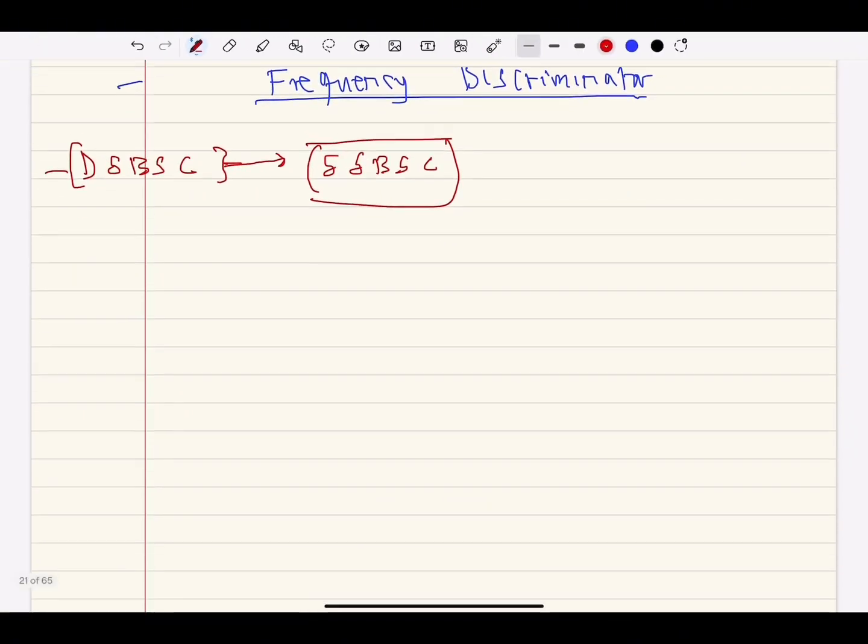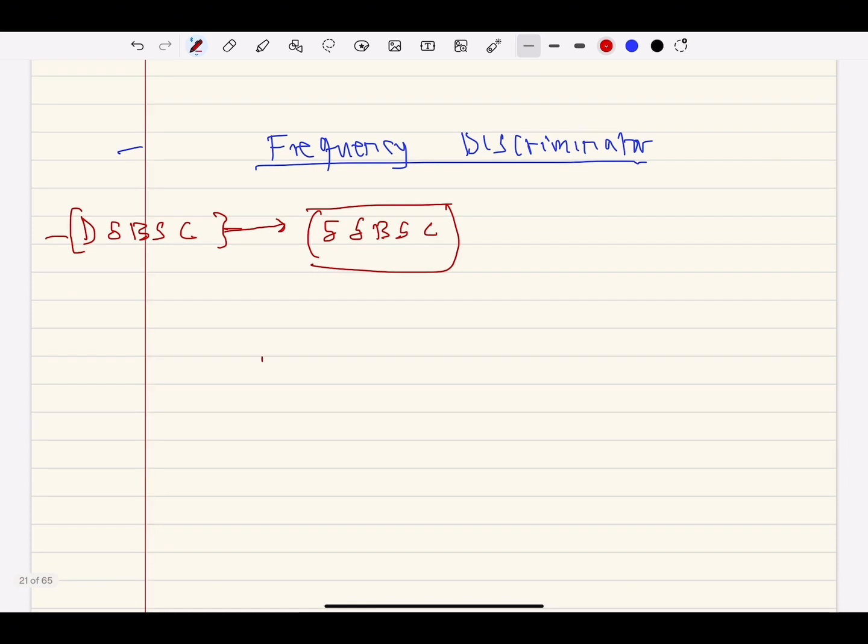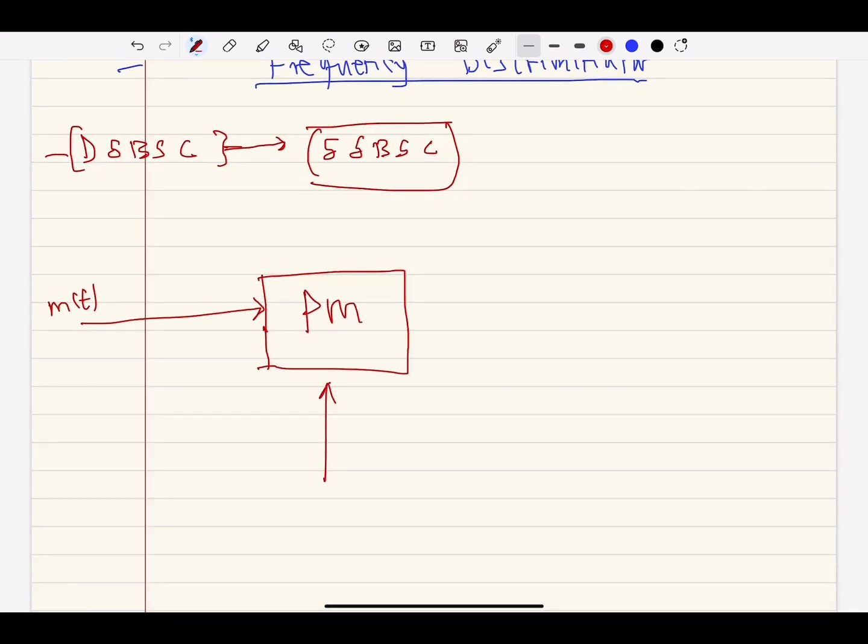That is generally about the frequency discriminator, and here is the block diagram for it. So this is a product modulator, PM. Remember that when we are generating a double sideband signal or wave, we pass the message signal and then the carrier signal, and this modulator will multiply these two signals, and the resulting output will be passed to the bandpass filter.